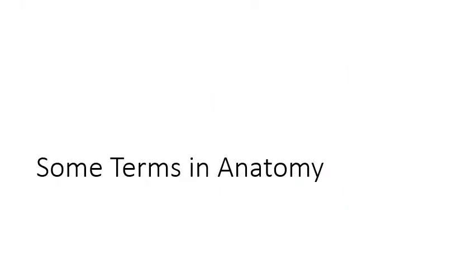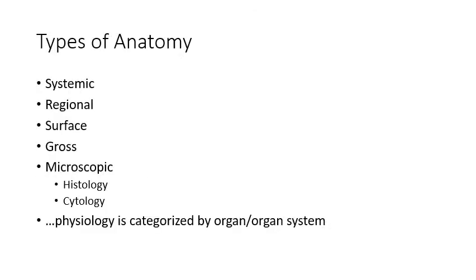Alrighty, so now we've got our introductory stuff done, and we'll get into the language of anatomy. First, we've got several different ways that anatomy could be categorized and different terms for those categories. First, you can have systemic anatomy, which is the anatomy of different organ systems.